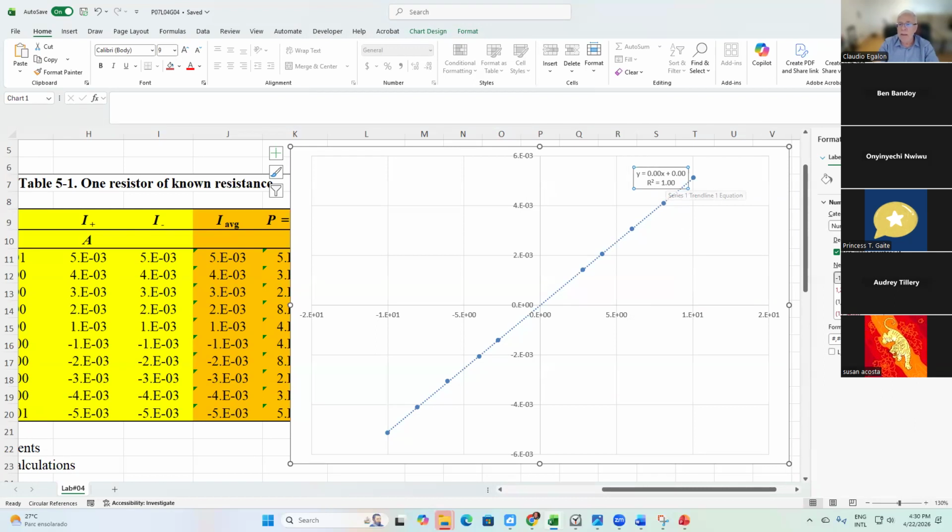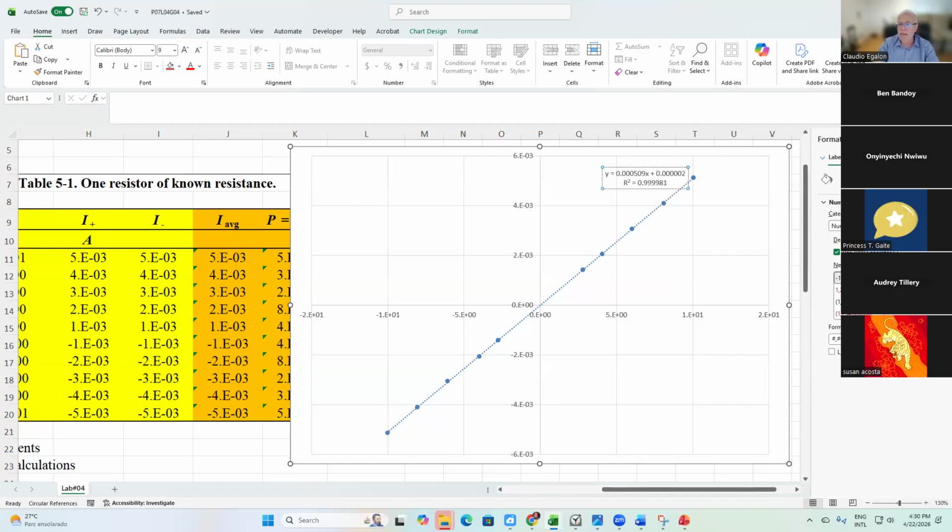It's still 1, right? If I put 3 decimal places, this slope is changed from 0 to 0.001, but not the intercept, and the R square is still 1. You gotta keep on adding until you see a number that's different from 1 and the other numbers are different from 0.